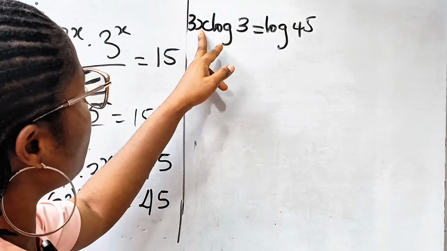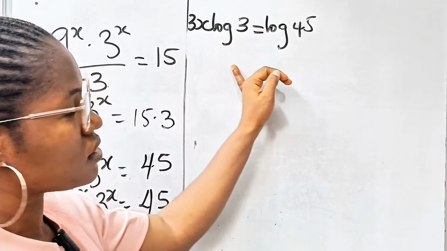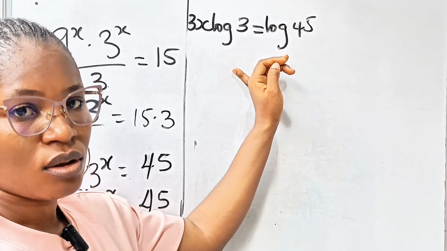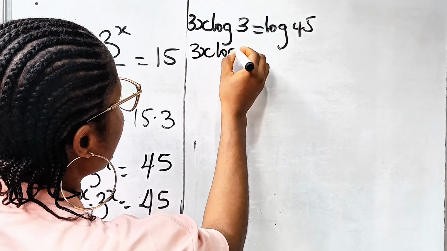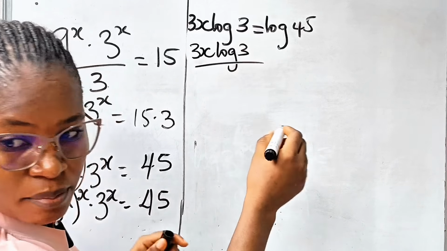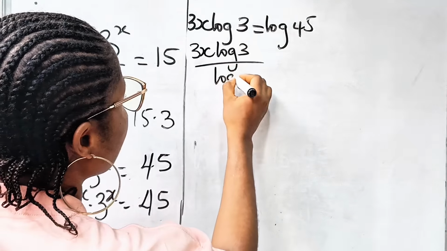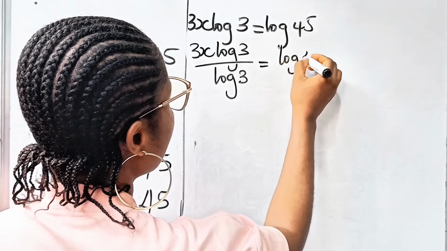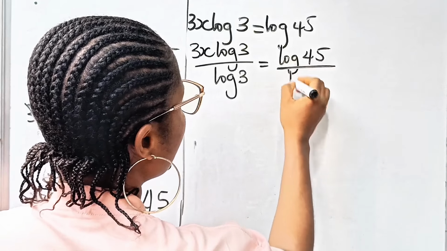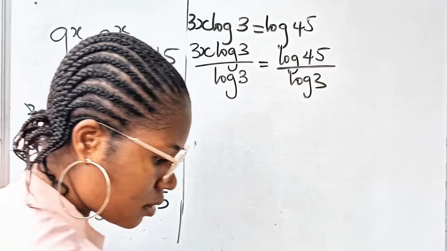Now remember we are looking for x, so we can divide both sides of this equation by log 3. So we have 3x log 3 divided by log 3 is equal to log 45 divided by log 3.